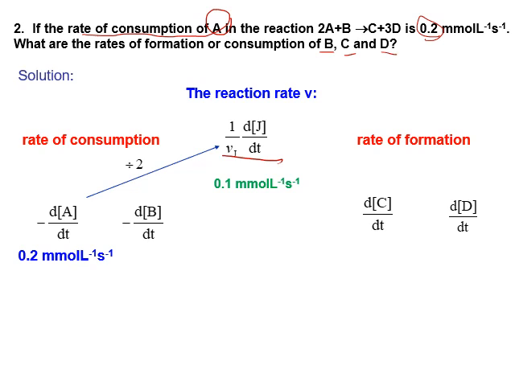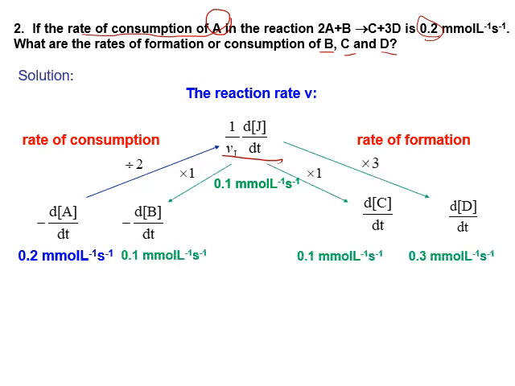With this reaction rate, we then multiply by the coefficient of each of the individual substances. You get the other individual rates. For B, you multiply by 1. For C, multiply by 1. For D, multiply by 3.